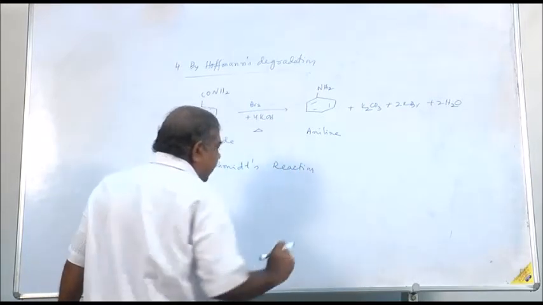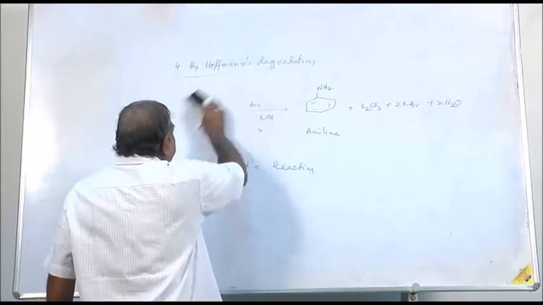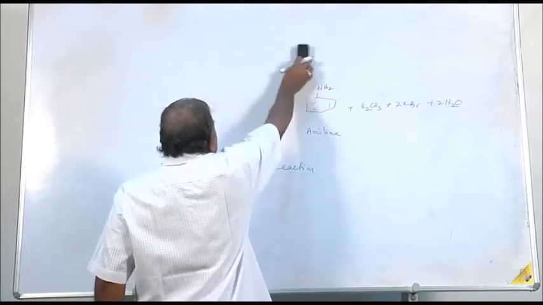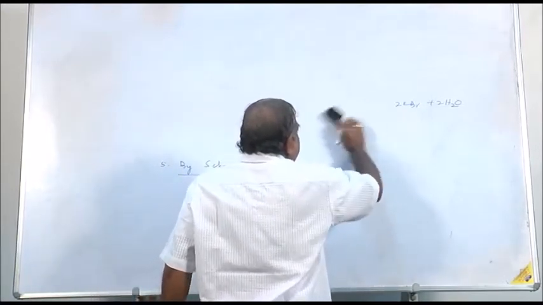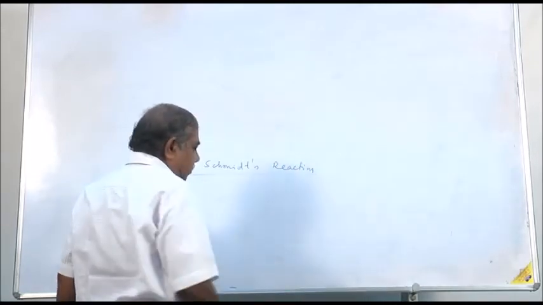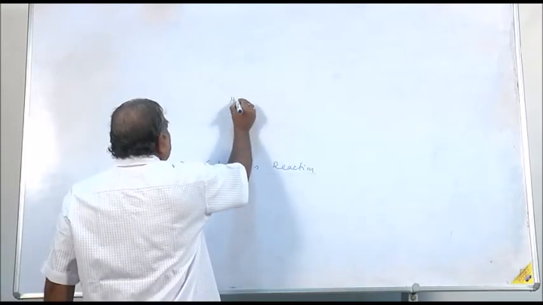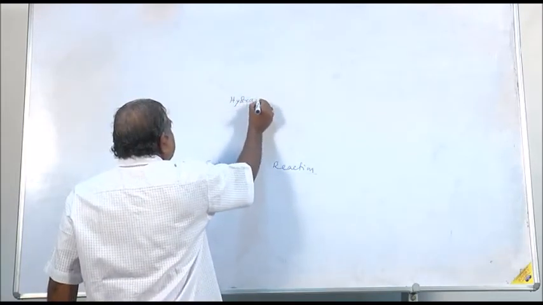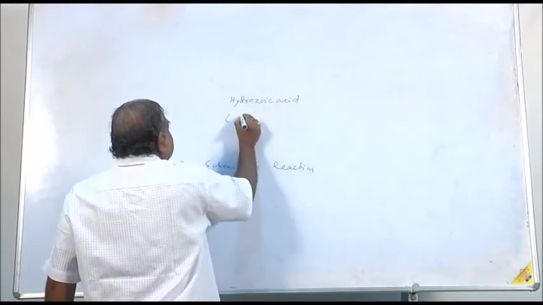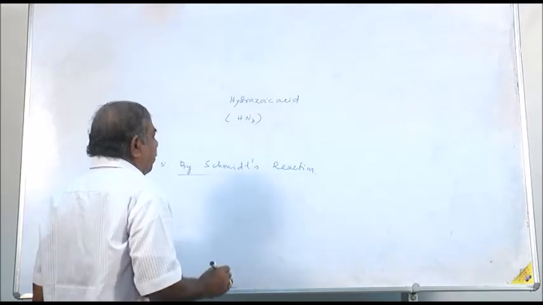By Schmidt's reaction, we take benzoic acid dissolved in concentrated sulfuric acid, which is treated with hydrazoic acid. Its formula is HN3, in chloroform.